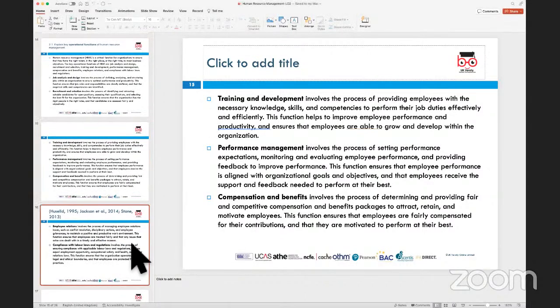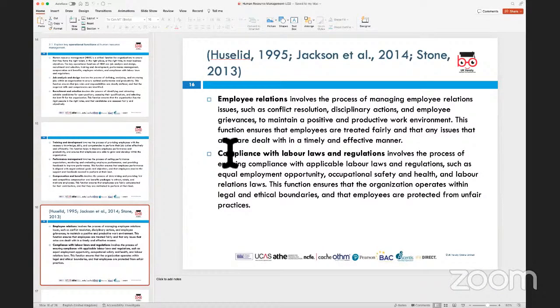Now, in terms of the theoretical development, Hewlett and Jackson as a team discussed the operational functions of HR, and they classified them as employee relations and compliance with labor laws and regulations.